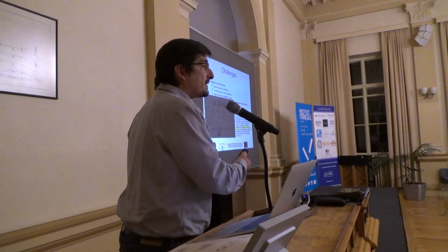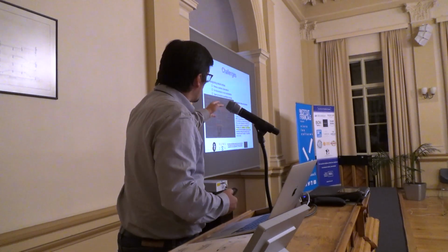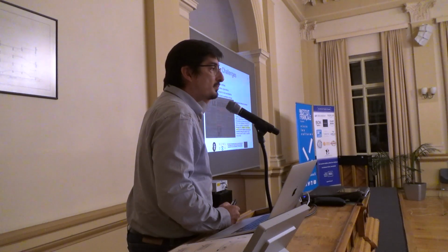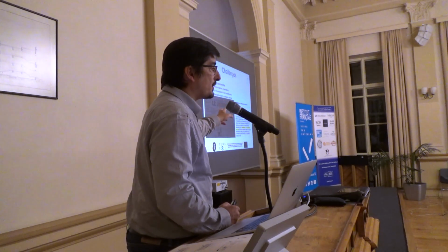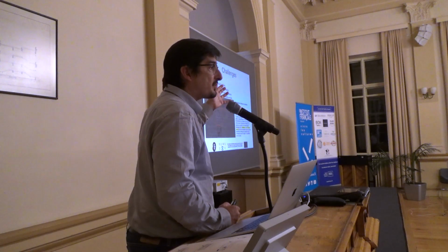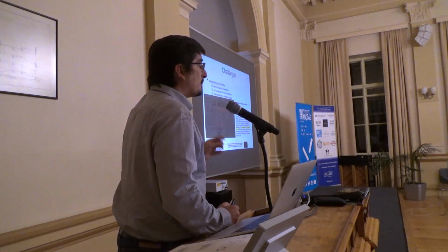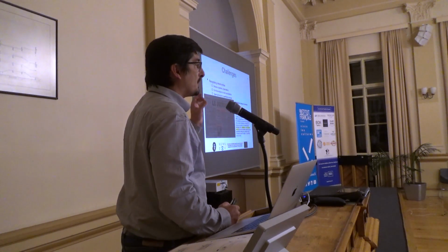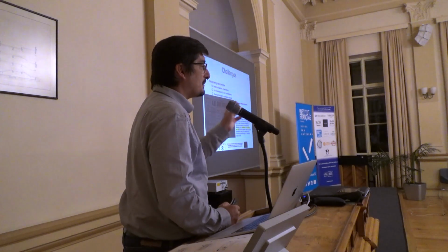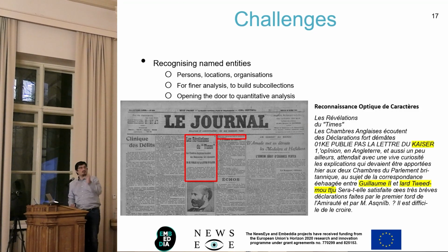So we want to find these entities. The idea is that the rest of the text we don't really mind because people will not query it, people will not look for it, and as humans, when we have the text, we can read it. But we want to find the entry point, which is these named entities, these persons, locations, organizations. This is what we want to identify.